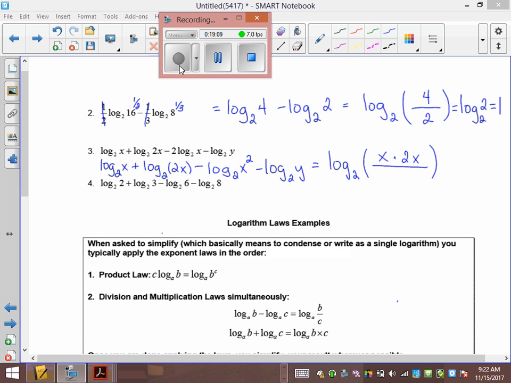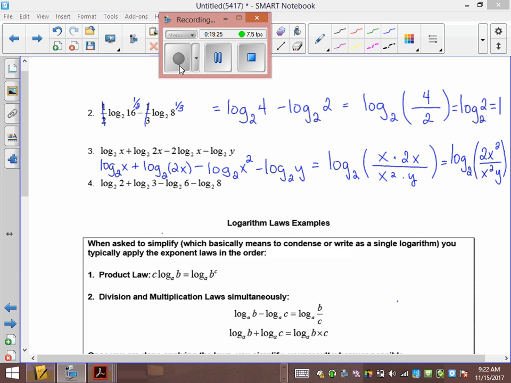If you have more than one thing in the numerator or in the denominator, you multiply them. In the bottom, you're going to get x squared times y. So on the top, you have log 2x squared over x squared y.